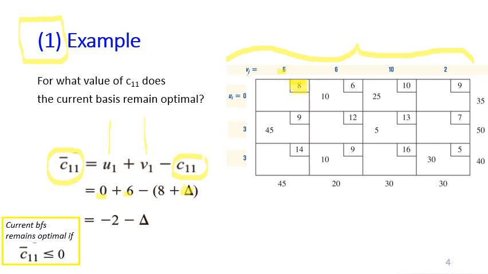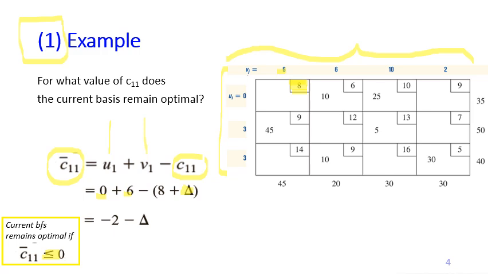Now recall from step 4 in the transportation simplex algorithm, this BFS is optimal if for all non-basic variables, their coefficient is less than or equal to 0 in the minimization case.